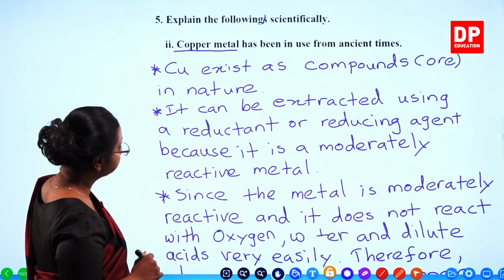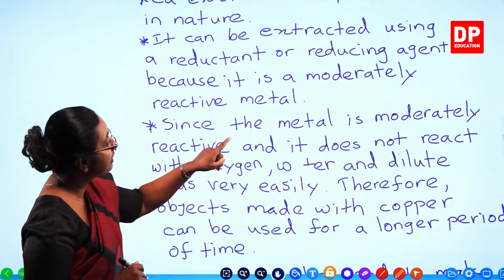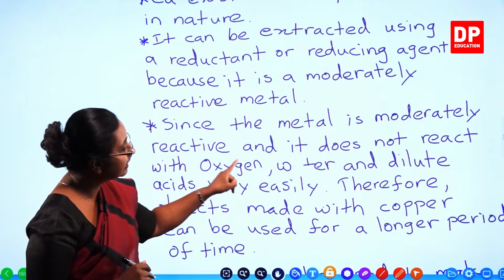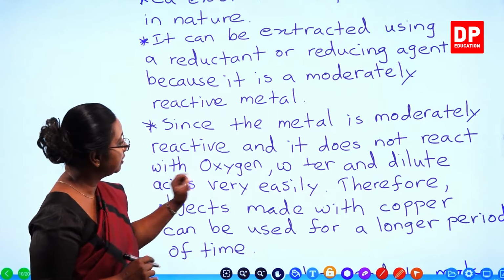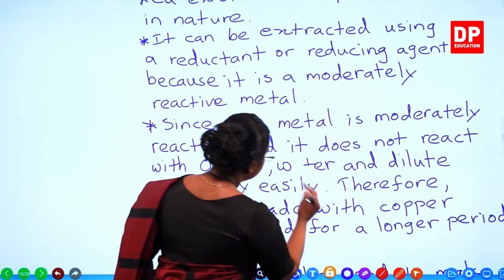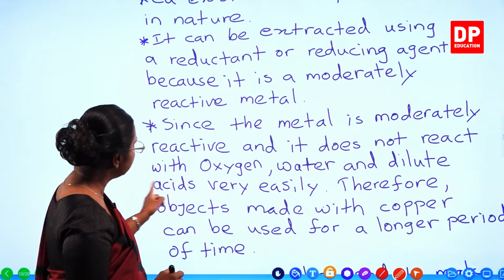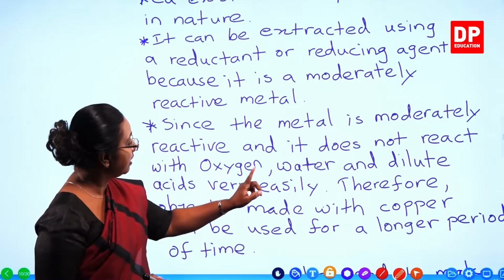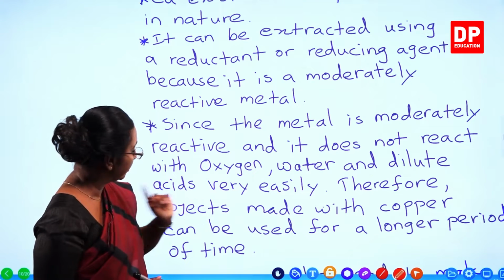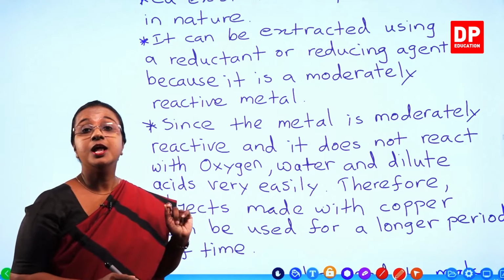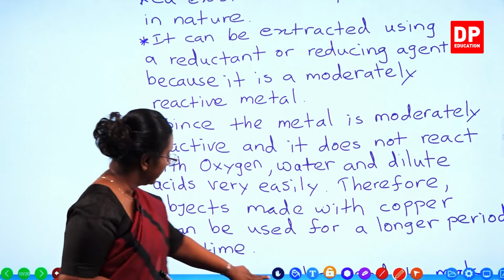And also, since the metal is moderately reactive, it does not react with oxygen, water and dilute acids very easily. Therefore, objects made with copper can be used for a longer period of time.